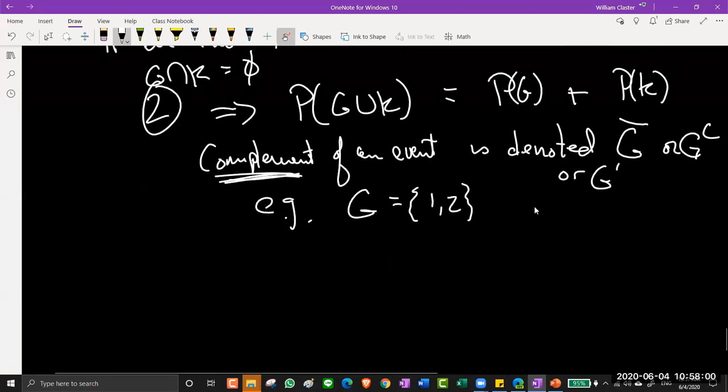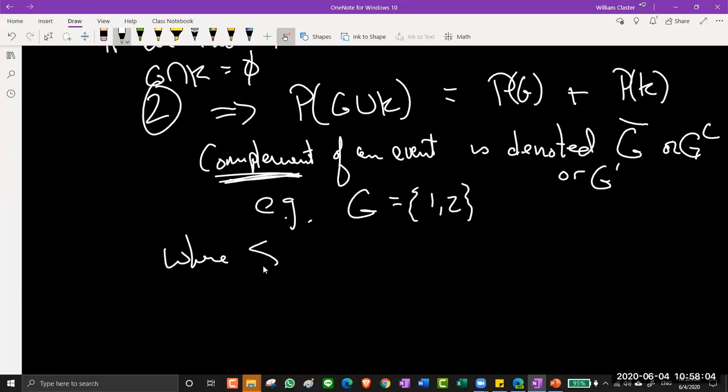And what was the sample space? Nobody remembers the sample space? What is the sample space here?